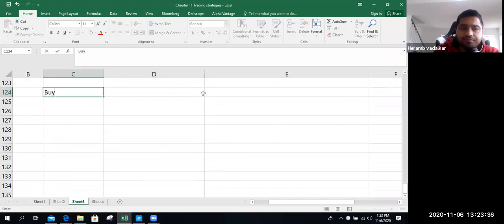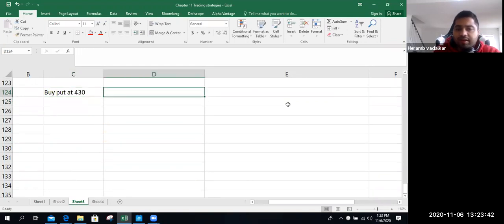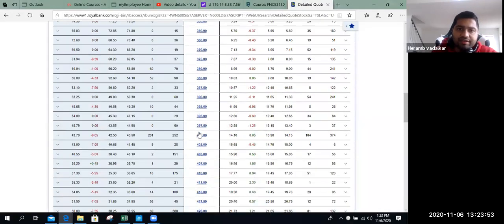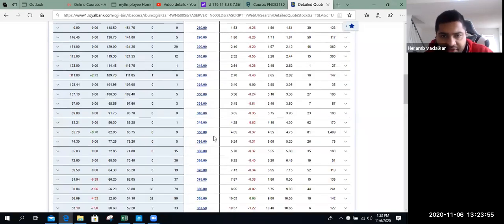So buy put at 430. So when I buy put at 430, I have to pay $25. Okay. And sell put at lower strike price. So let's say I don't think Tesla will fall below 350.